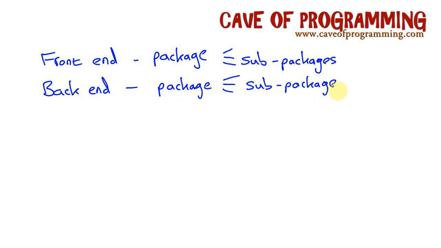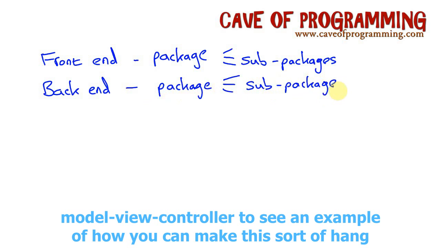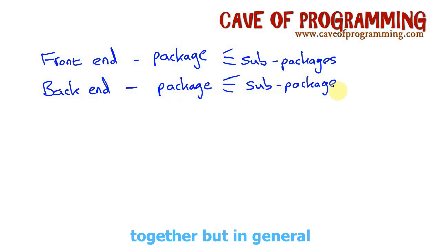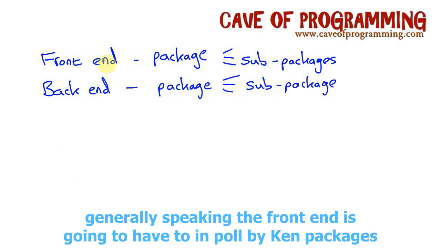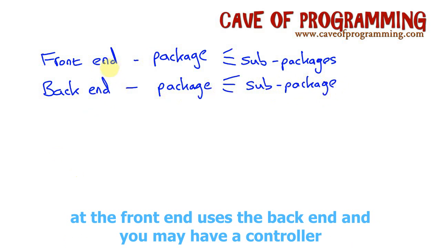Now, in the next tutorial we're going to look at Model View Controller to see an example of how you can make this sort of hang together. But generally speaking, the front end is going to have to import back-end packages, because the front end uses the back end, and you may have a controller in there.